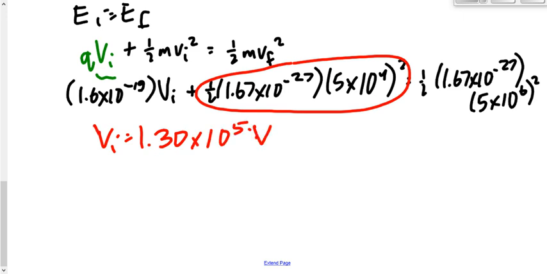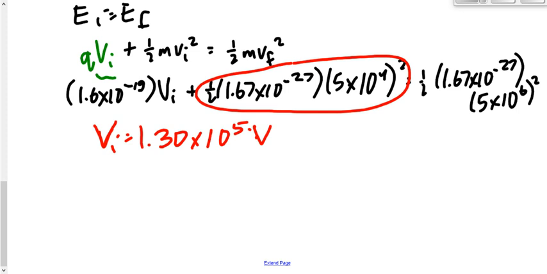Now remember, this is big V, not little v. Little v would be speed. Big V is electric potential, right? And now remember that I've solved for the initial potential, assuming the final is 0. Well, then if that's the case, then the potential difference, which is really what I'm looking for, is 1.30 times 10 to the 5. Okay?